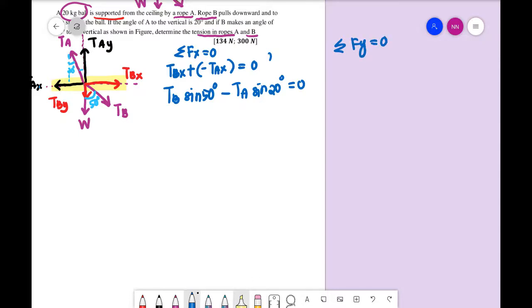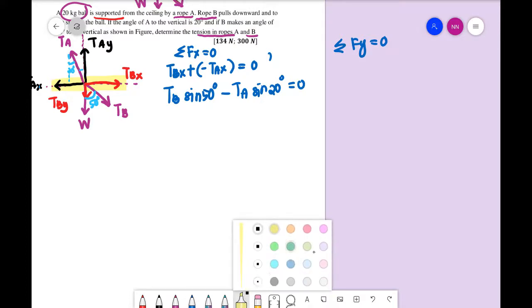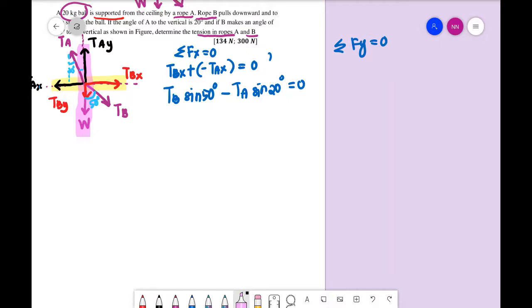For component Y, we have three forces: TAY, TBY, and W. So TAY plus negative W, because it is directed downward, plus negative TBY, negative because it is downward as well. They equal 0.